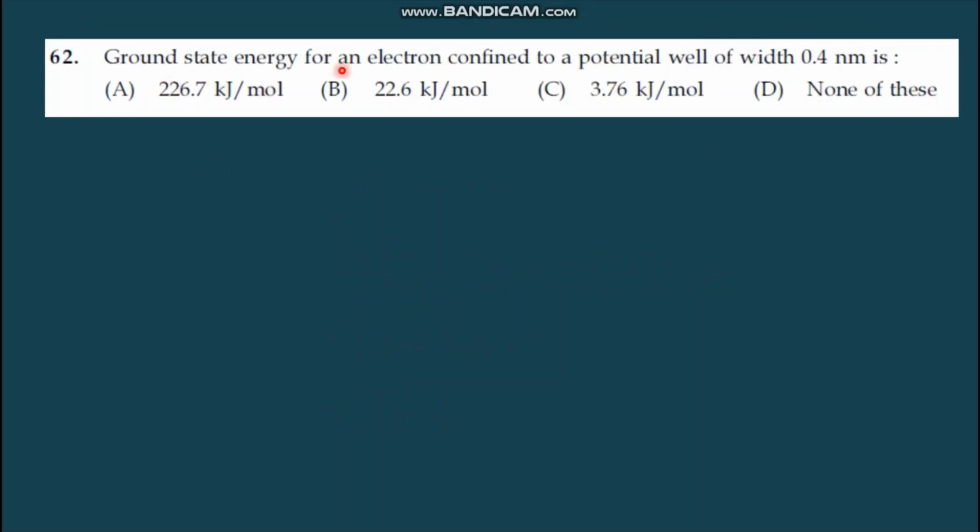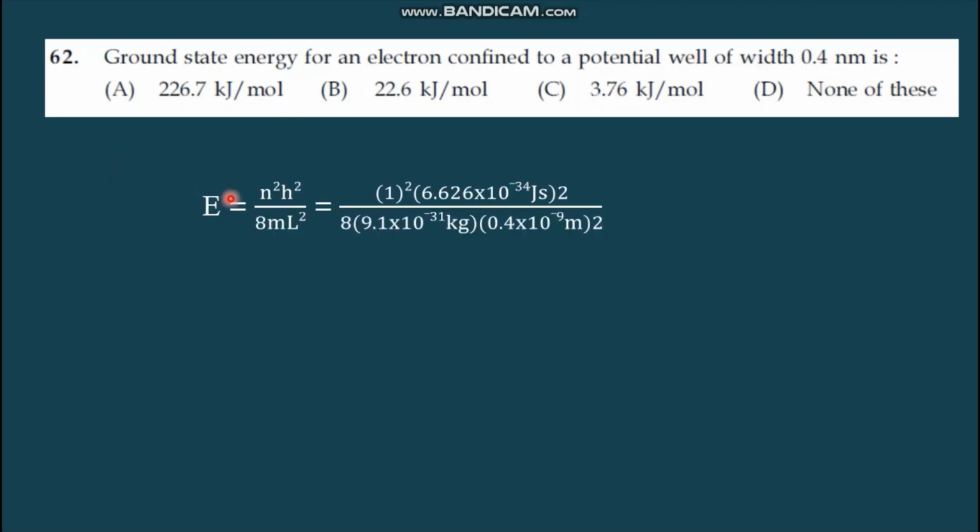Next question: the ground state energy for an electron confined to a potential well of width 0.4 nanometer is. This is also from particle in a one-dimensional box, and the width or length of the box is 0.4 nanometer. And we have an equation for energy: n square h square by 8 m L square. And here it is mentioned ground state.